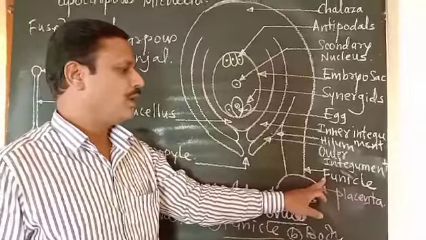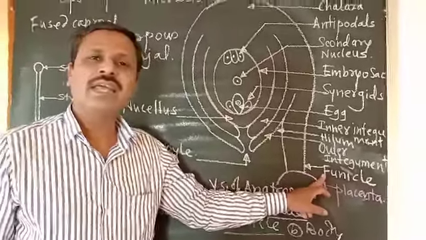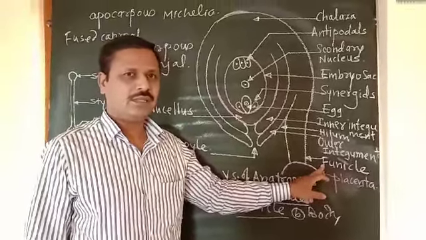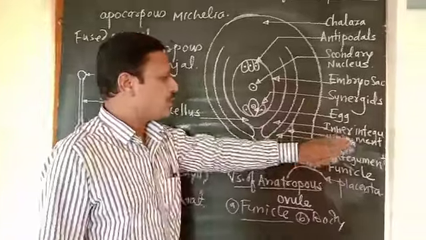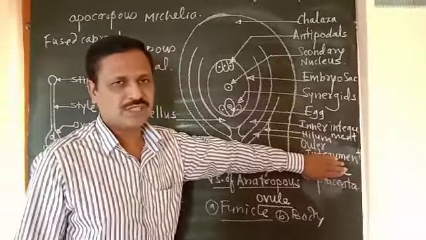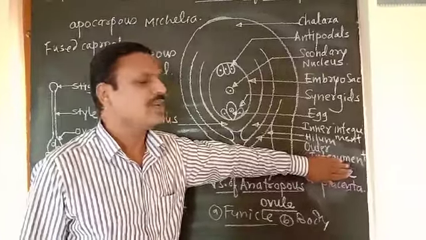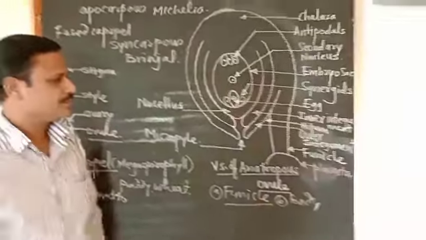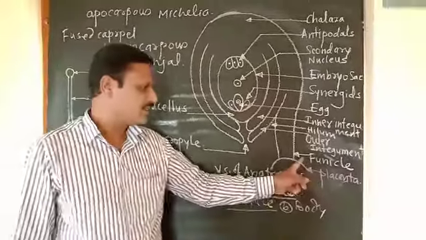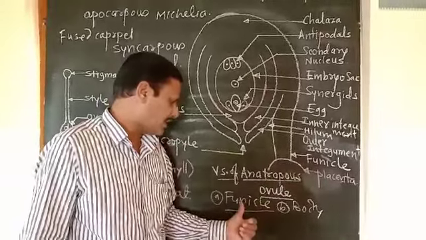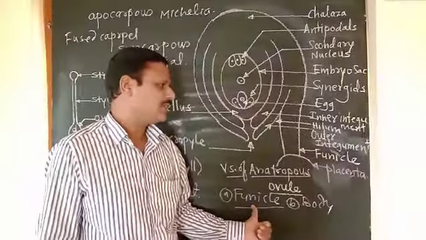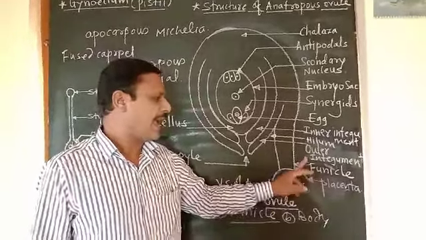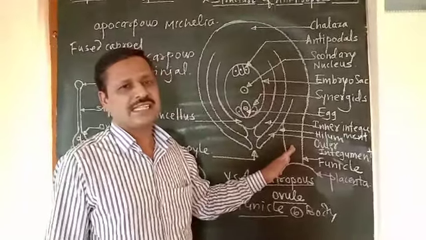Thus, an ovule with a funicle is called a funiculate ovule, while an ovule without a funicle is called a sessile ovule. If the funicle is present, it is funiculate. If the funicle is absent, it is a sessile ovule.